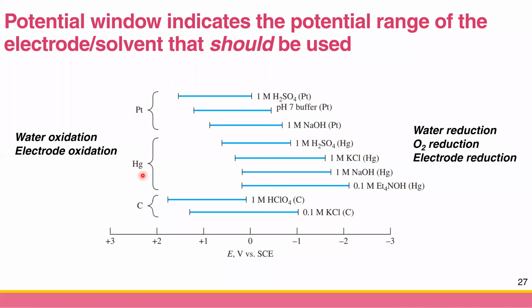But you don't want to use it at the high potential, because mercury obviously can be oxidized as well. So you're gonna get mercury oxide and your electrode is ruined. And platinum, here you can use more positive than the mercury, but not as good as carbon, something like this.